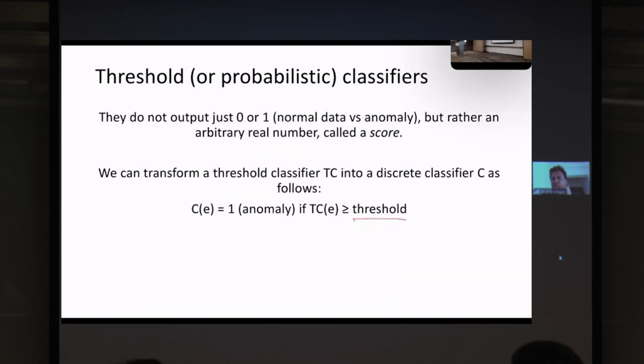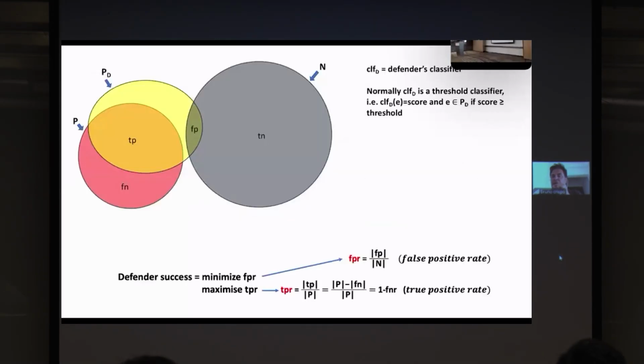So you can transform a threshold classifier into a discrete classifier by fixing a threshold. So when you see a sample, you apply your classifier, the classifier outputs a score. If the score is greater or equal to the threshold, then it is classified as an anomaly. And let's see some examples.